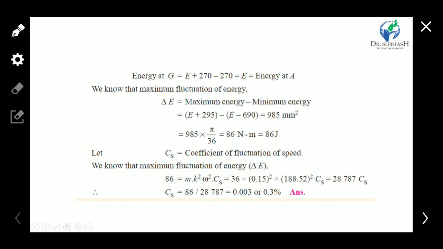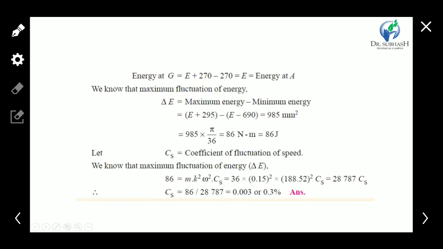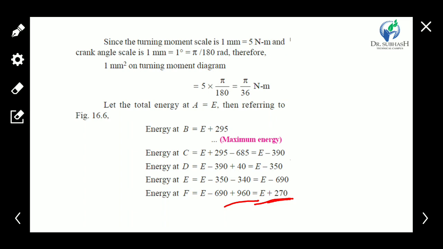At point G it is equal to E. As discussed earlier, at point G the flywheel has the same energy because the cycle is complete.